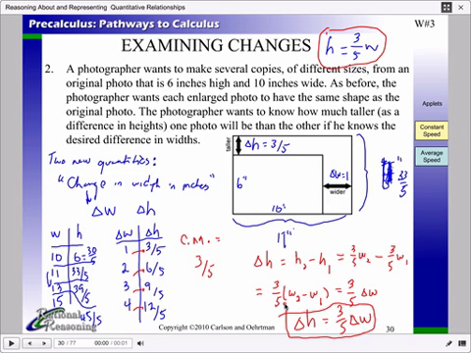So if we had a different constant of proportionality here, so say 2.2 was our constant of proportionality, what would we get? Everything would be the same, and we get delta H equals 2.2 delta W. Does that answer it? Okay. Any other questions?